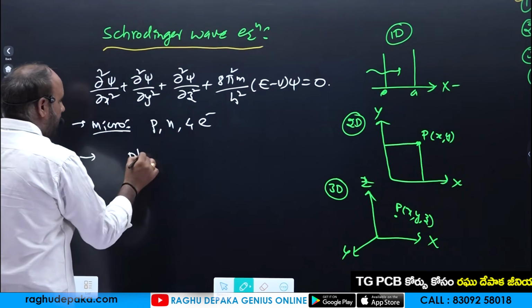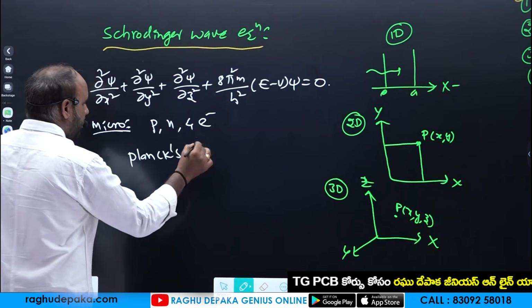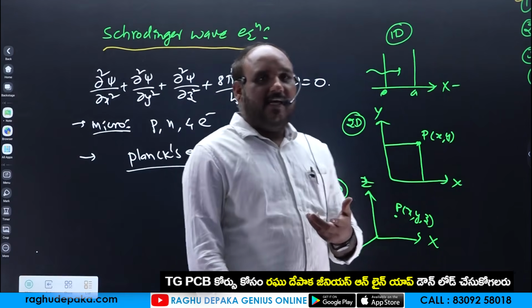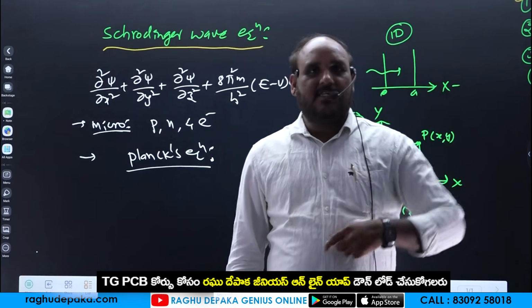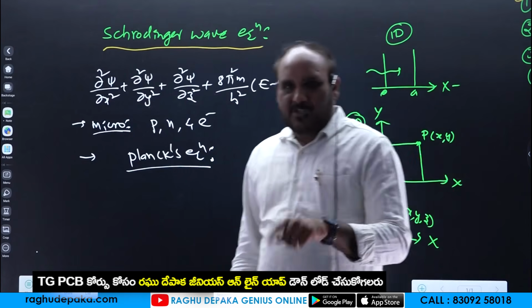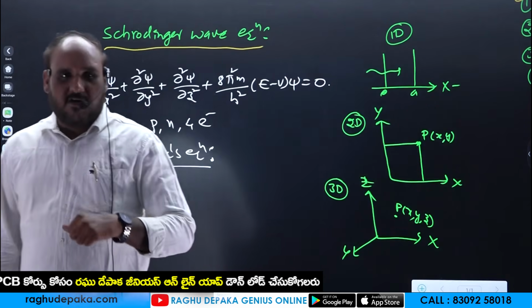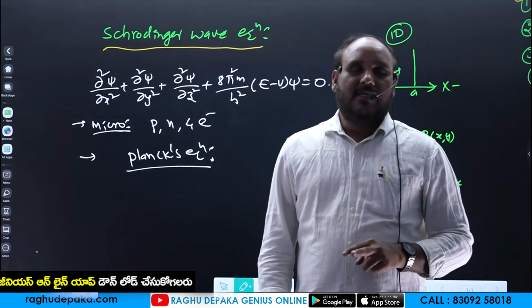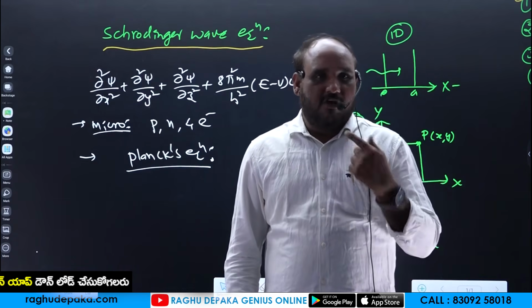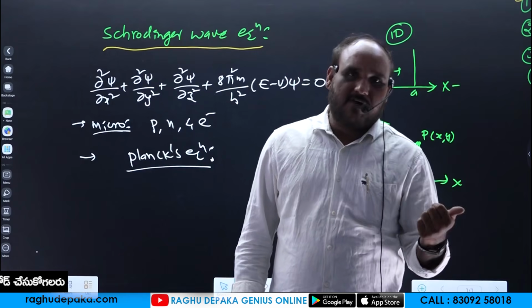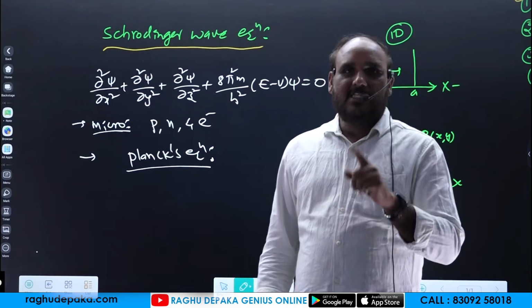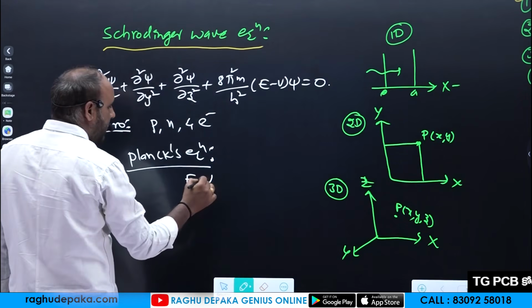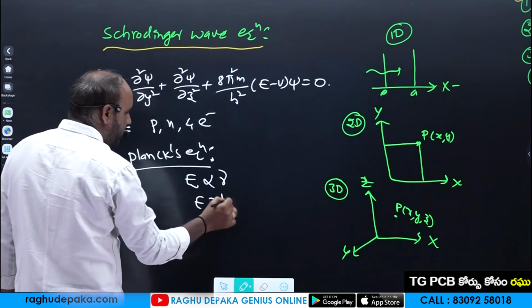That is based on Planck's equation. What is meant by Planck's equation? Any substance that absorbs or emits energy does so in a discontinuous form, in the form of small packets, and each packet is considered a quantum. With that concept, the energy is directly proportional to nu, therefore E equals h nu.